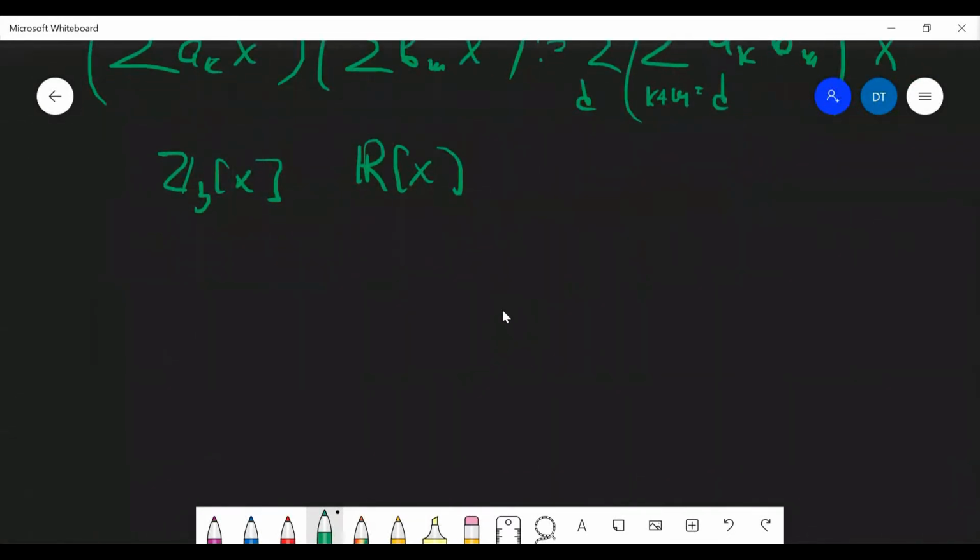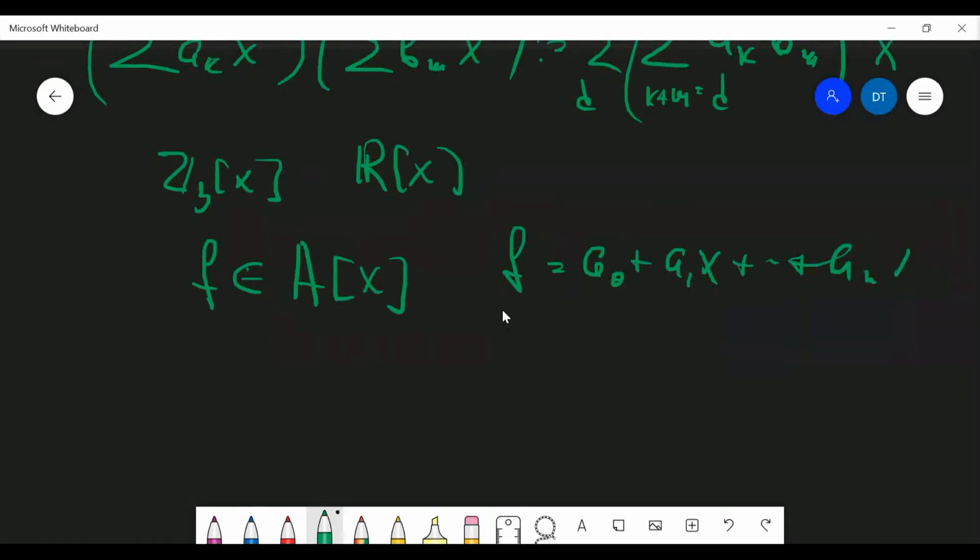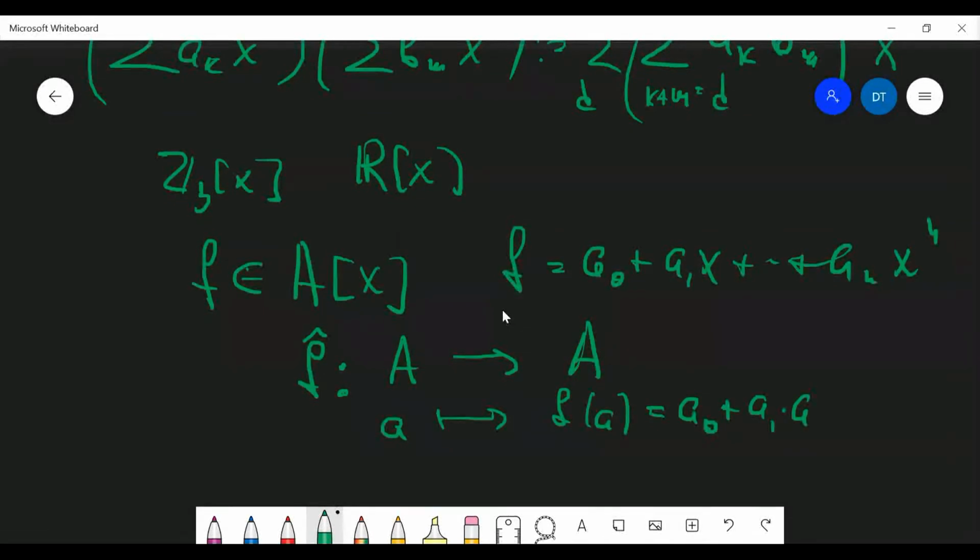Well, you see, if you have a polynomial from a ring like this, so that is, let's say f is this picture, you may define a function, let's say f hat, from A to A. And the function is given by the rule, you take an element a and take this element to f(a), which by definition is a0 plus a1 times a plus etc. plus an times a to the n.